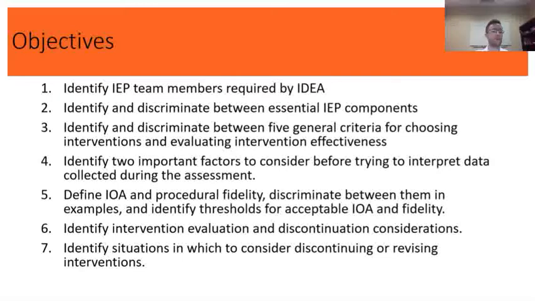Identify and discriminate between 5 general criteria for choosing interventions and evaluating intervention effectiveness. 4 is to identify 2 important factors to consider before trying to interpret data collected during the assessment. 5 is to define IOA and procedural fidelity, discriminate between them in examples, and identify thresholds for acceptable IOA and fidelity.